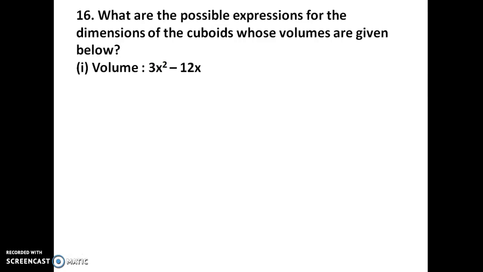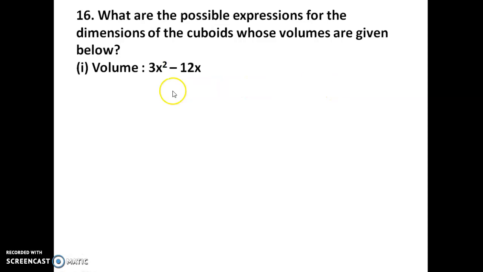What is the volume formula for a cuboid? A cuboid has length, breadth and height. So L into B into height is the volume of the cuboid. So we have to bring three factors in multiplication, L into B into H. So how to bring them here?